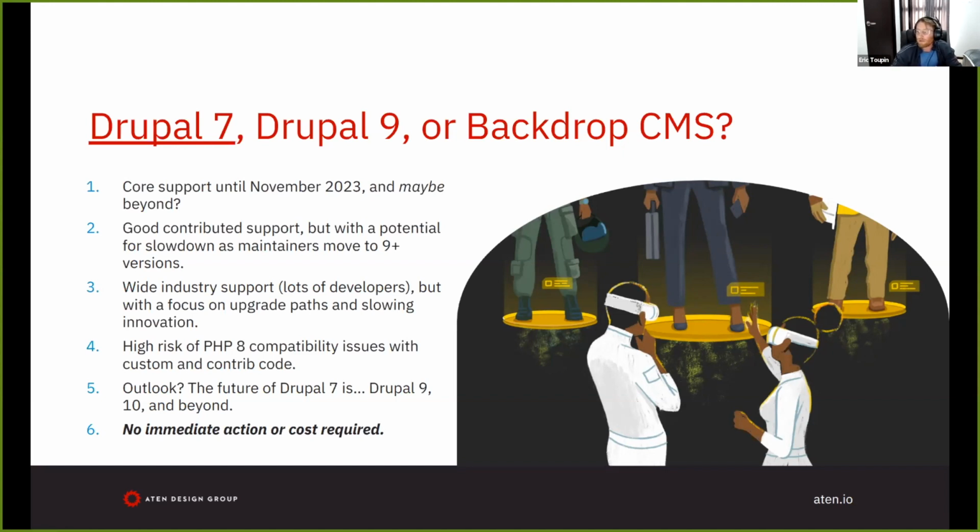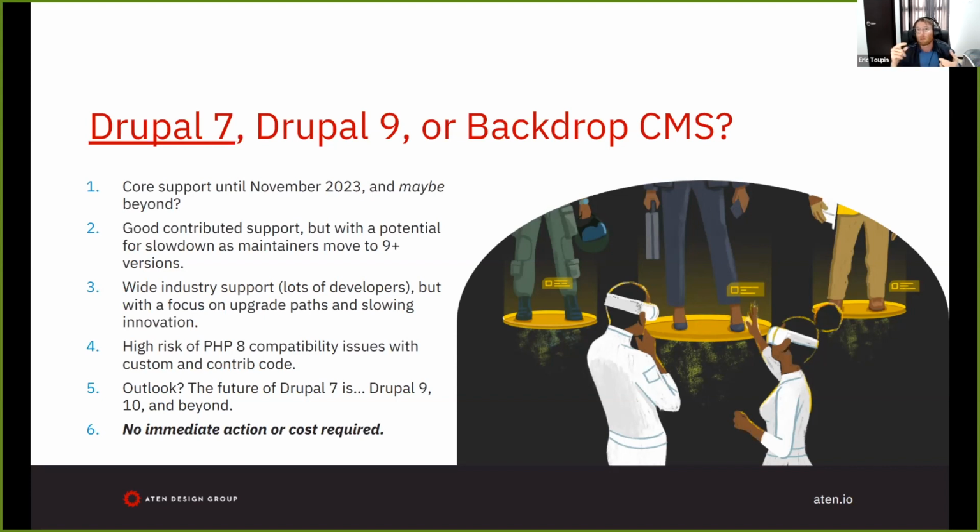There's also a bit of a high risk of PHP compatibility. So PHP 8 compatibility, something I didn't mention earlier. PHP 7.4, which is the PHP version that Drupal's built on, is actually end-of-lifing, I believe, later this month. That doesn't create a huge problem for Drupal 7 core, because I believe that core can work with PHP 8 or will be able to by then.